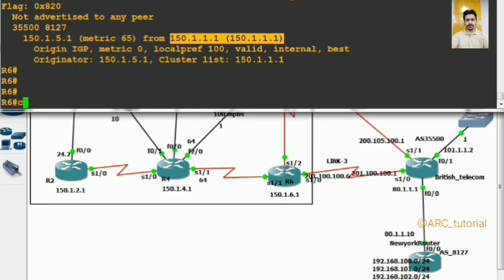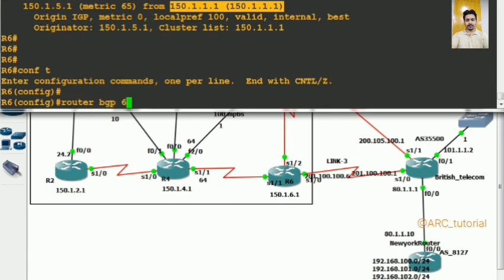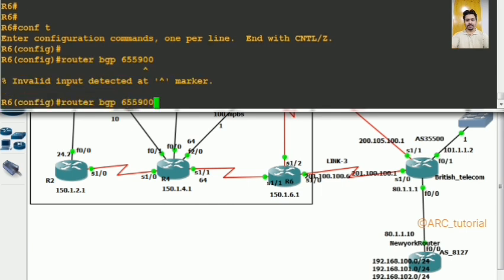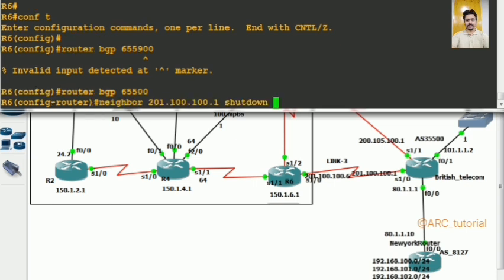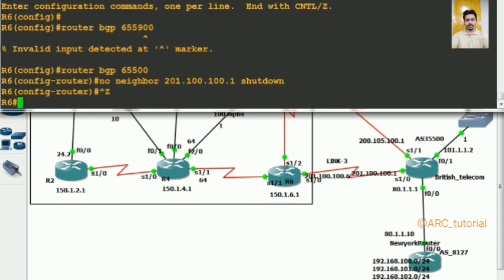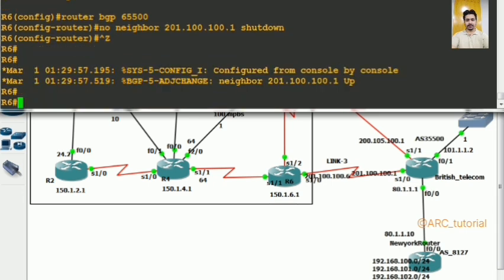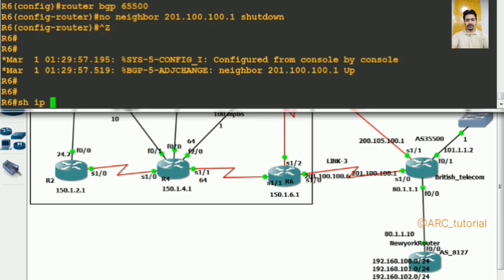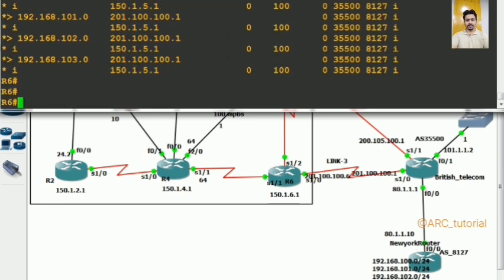Now, in case the neighbor comes up once again, neighborship will come up, and once again R6 will start to receive these prefixes coming from, check it out, R1 as well as BT.